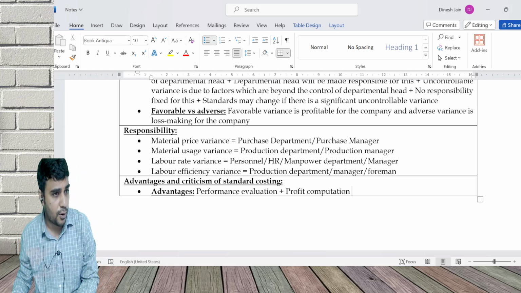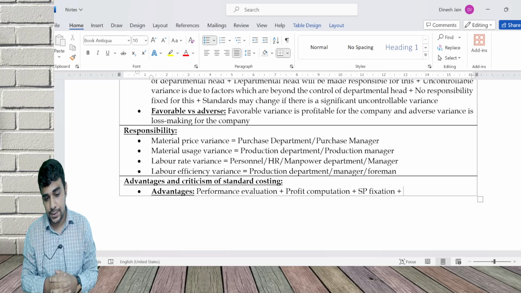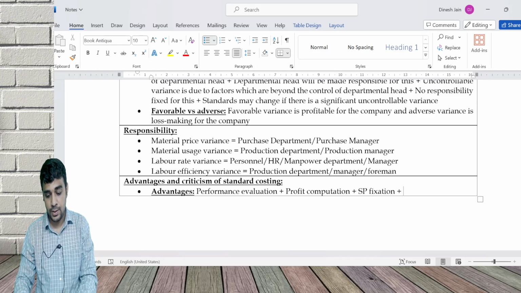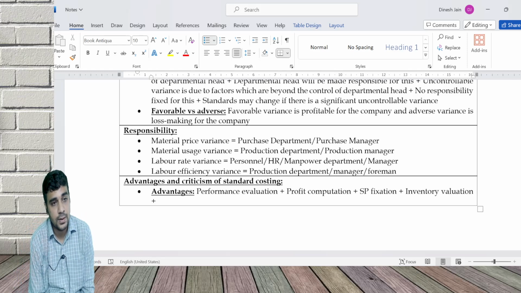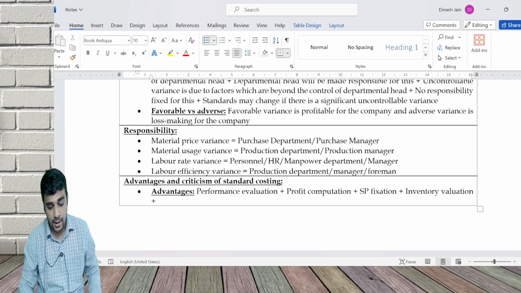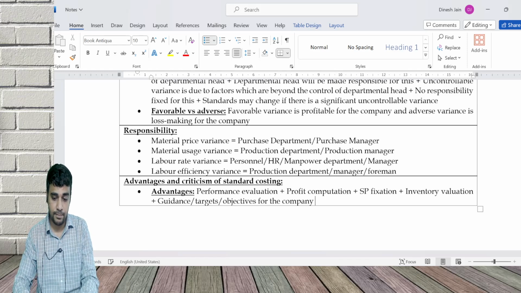Performance evaluation, profit computation, selling price fixation, inventory valuation, guidance slash targets slash objectives for the company.